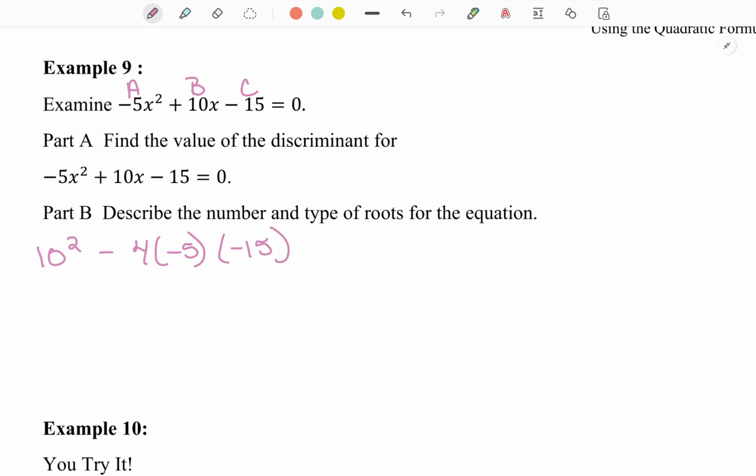So we are going to have 100, plus, actually I don't think it's going to be plus, I think it's going to be negative because all three of these are negative. Minus 300, yes, so that is going to give us a -200. So this is negative, meaning that we have two imaginary roots.